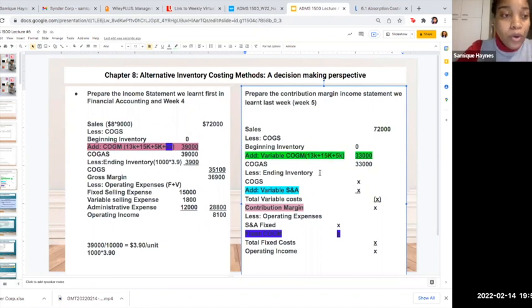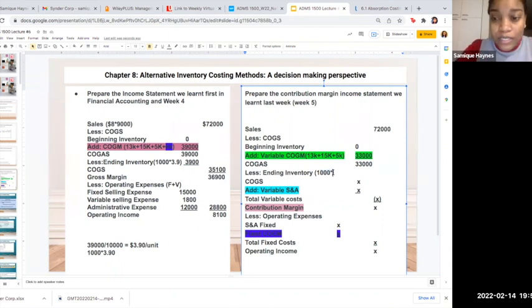Now, if we know the total of 33,000, how much is the cost of ending inventory, which has 1,000 units left? We're going to multiply the 1,000 by what? 33,000, Roxoliana, is divided by how many units you produced in all. Very good, 10,000, which is 3.3.